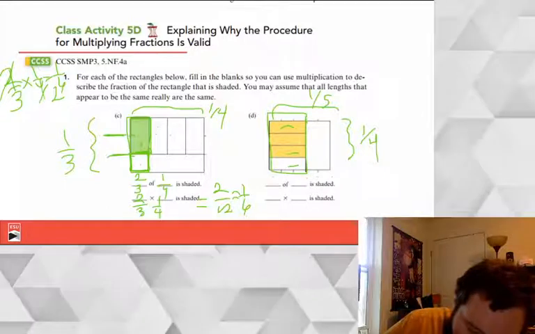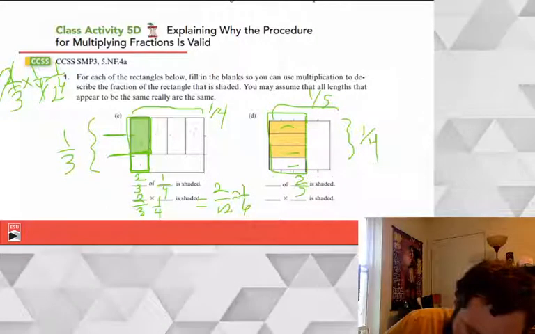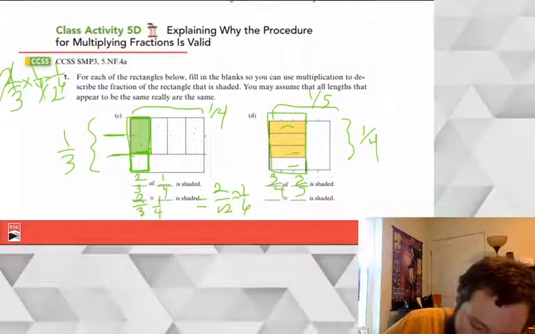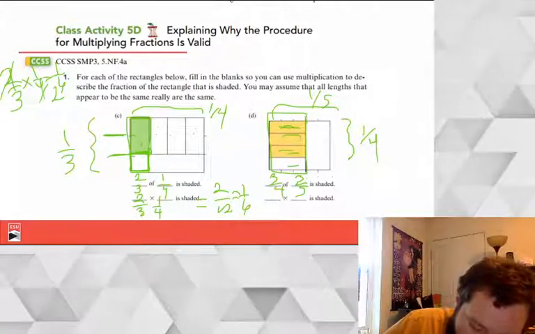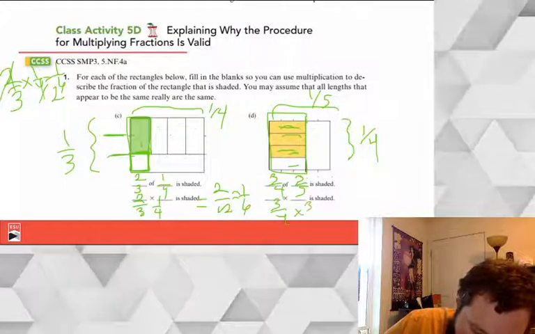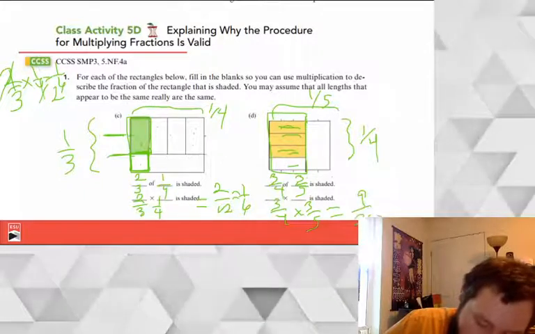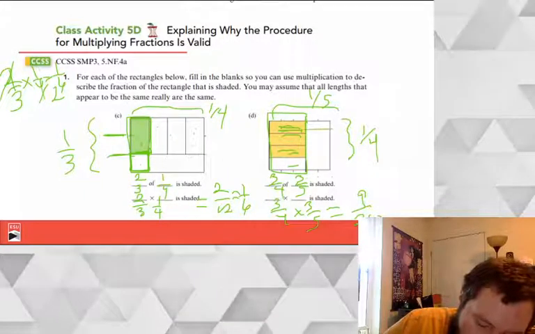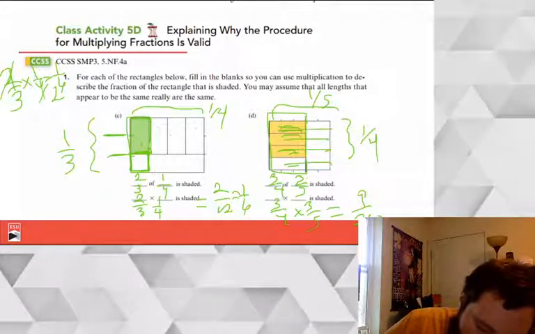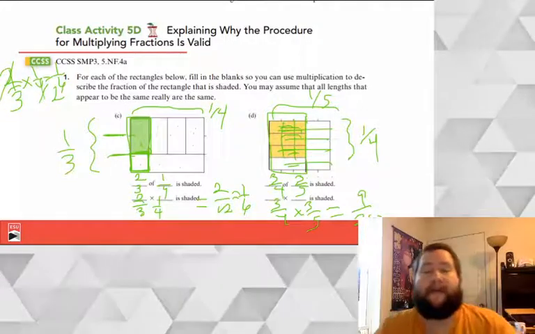So of 3/5, 3/4 is shaded because we have 1, 2, 3 rows filled of 4 total. So that's 3/4 times 3/5, which is 9/20 because we have 3, 4, 5 in each row, 5, 10, 15, 20. And if I just drop these lines down, I have 3 times 3 is 9, or 9/20.